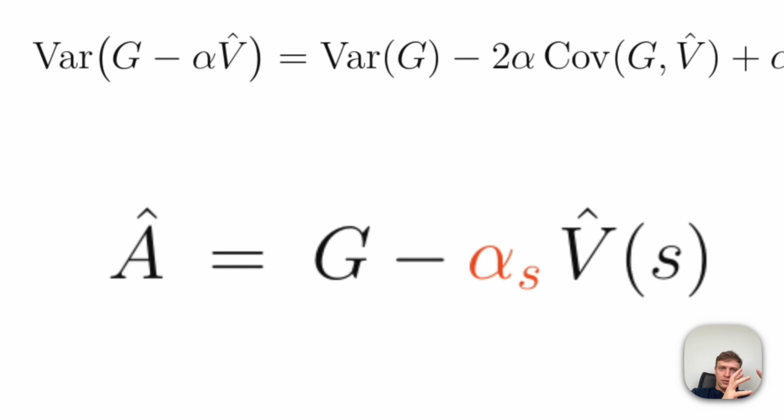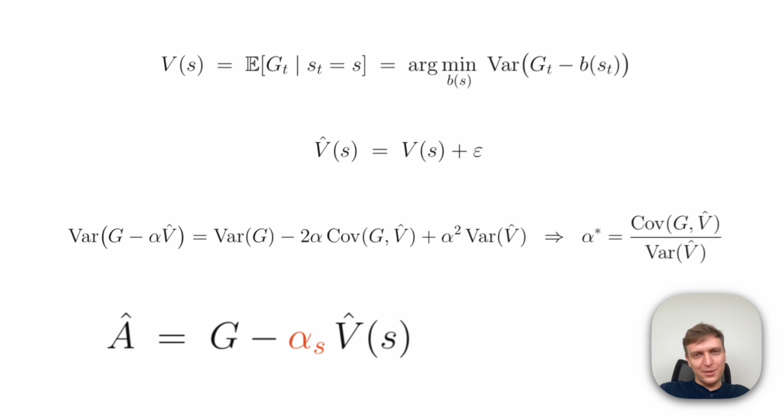We should subtract only the prediction multiplied by alpha, where alpha is defined by some kind of covariance or correlation of our prediction with the actual return. It's not a mainstream approach. This is something that I propose in my work, and I believe it's better than subtracting the whole value function predictions. Another note here: this estimation is not an unbiased estimation of advantage anymore. So maybe it's not the best idea to actually call it advantage, because it's not exactly advantage anymore, but I call it advantage because it plays the role of advantage later in the rest of the pipeline. And I think it's not a big deal if I call it advantage in this case.